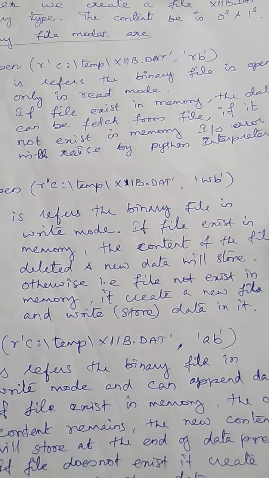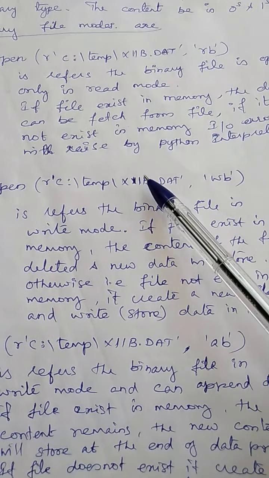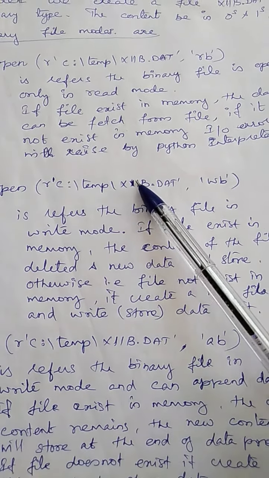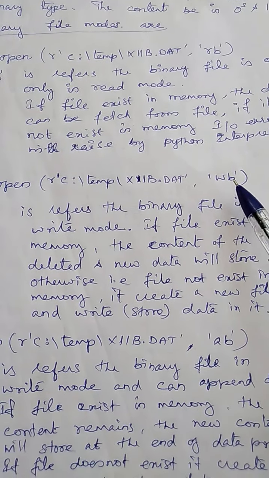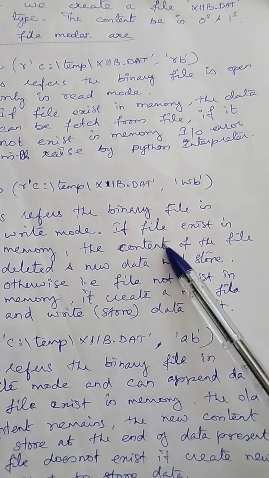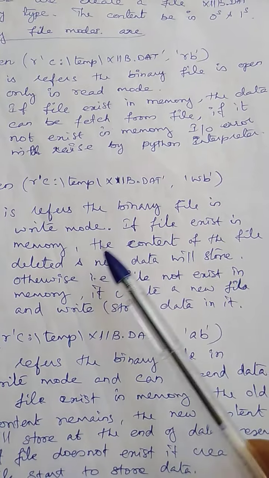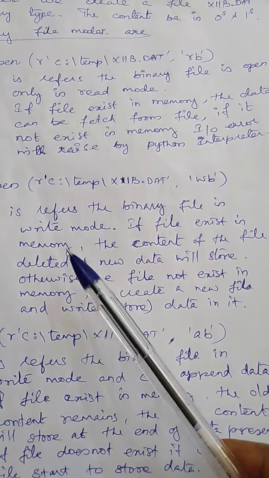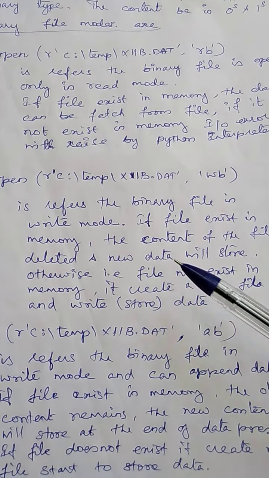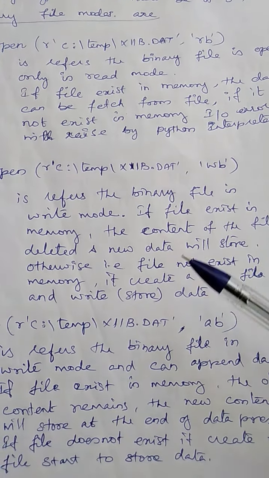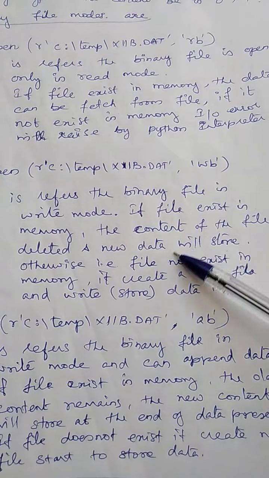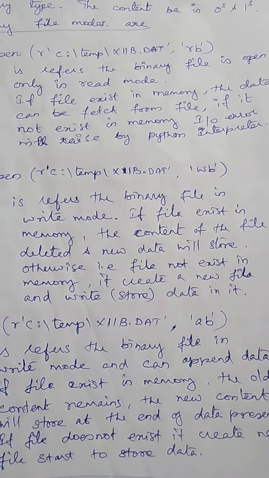If the file already exists in the memory, that is, in the temporary folder, then this write only mode will remove the content of the file. The content of the file gets deleted, and what we are going to store newly will be stored there. What we write into the file will be stored there. The data already stored will be removed.